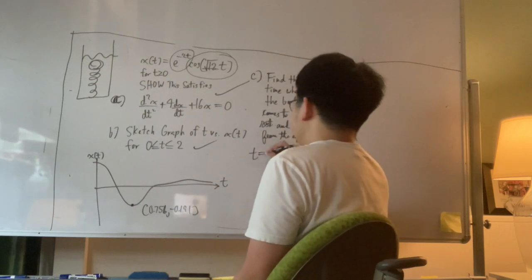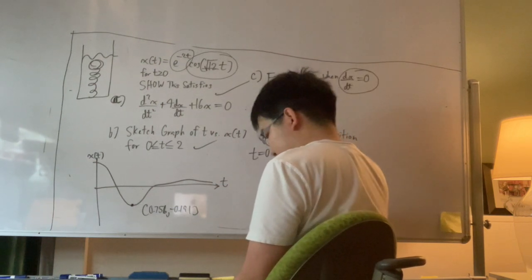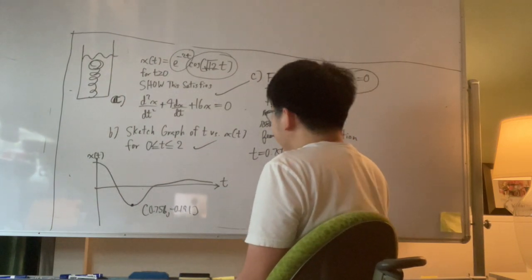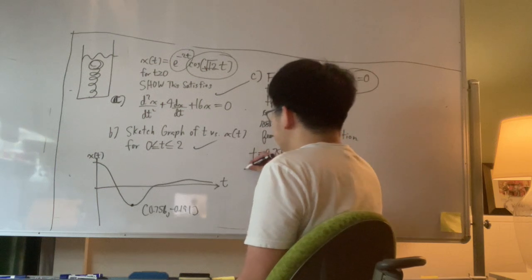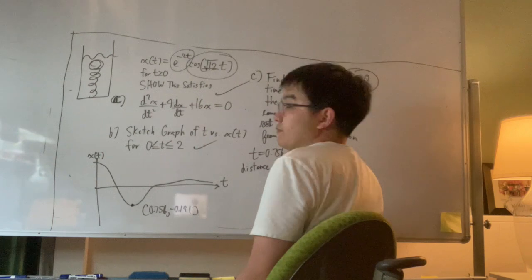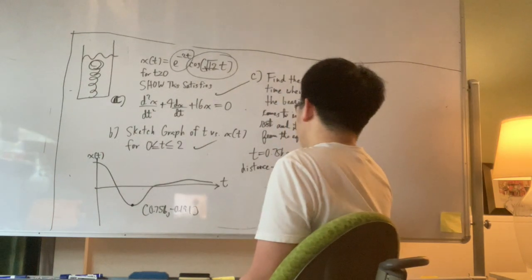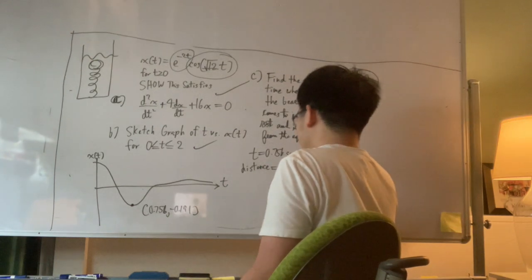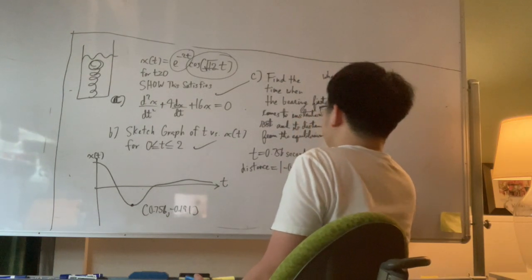So then t equals 0.756 seconds. However, if you want the distance from the equilibrium position, be careful, that is a scalar. That unfortunately does not take any sign, so you need to take the absolute value of this y-coordinate that we found here. And then that'll be in meters.